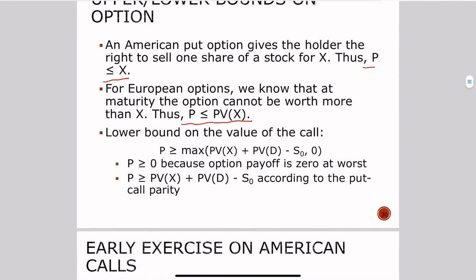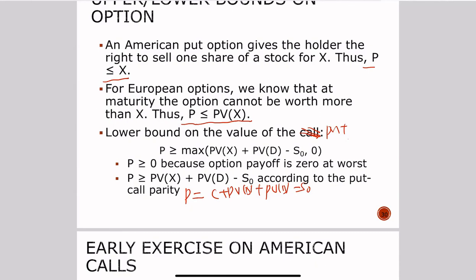Now we can also talk about the lower bound on the value of the put. Here again we will use put-call parity. We know that P equals C plus PVX plus PVD minus S0. This is just put-call parity.